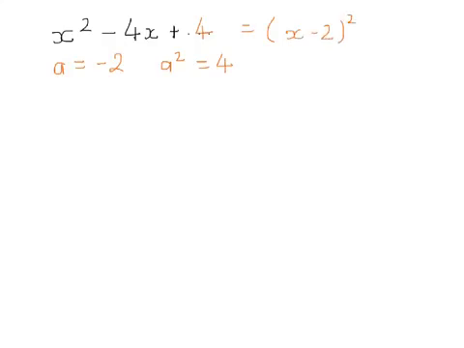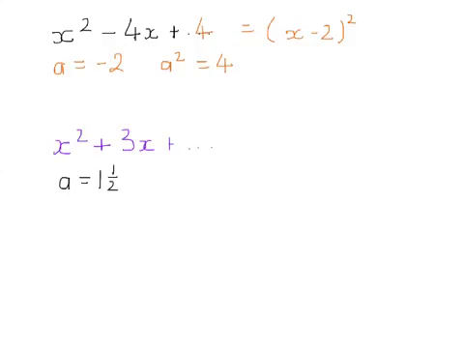We can expand that to check it. One last example before we move on. x² + 3x. Now, notice that our middle term is an odd number, but that's not going to stop us here. a would be half of 3, which is 1.5.